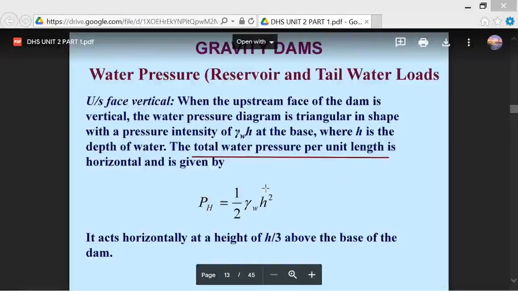If this is asked in the examination, then only you use this formula. Otherwise not.